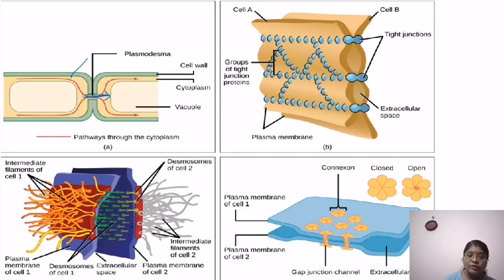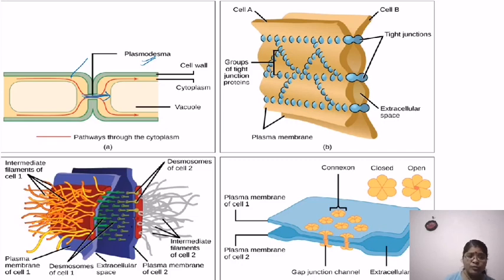This connection is called plasmodesmata, through which bigger organelles cannot move, but smaller ions and molecules can move through it. Organelles are bigger in size, they cannot move from one cytoplasm to another, but smaller molecules can, and this is how one cell communicates with another cell.